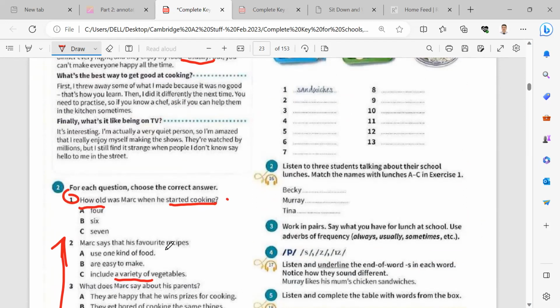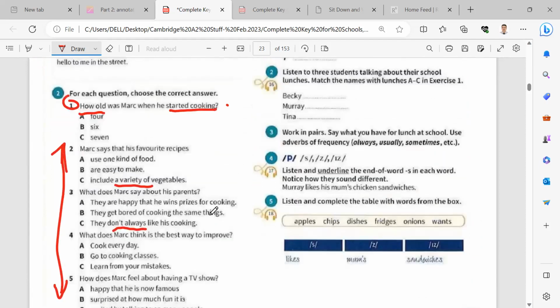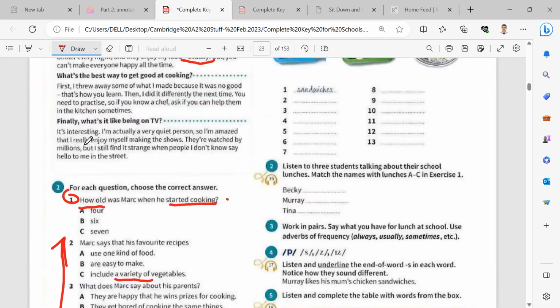He's so shy. Yes. So here, surprised at how much fun it is. Well, happy that he is now famous? He likes cooking, he loves it. So he makes it fun, and how much fun it is. Yes, he likes cooking.